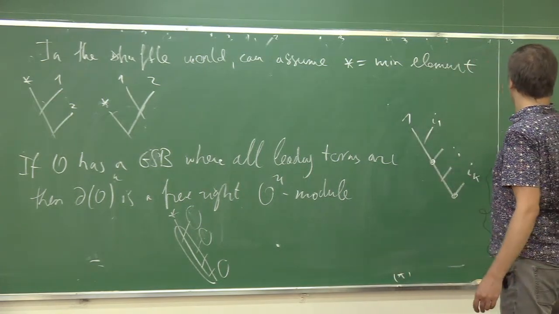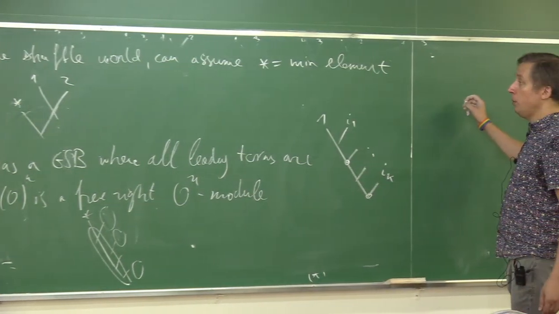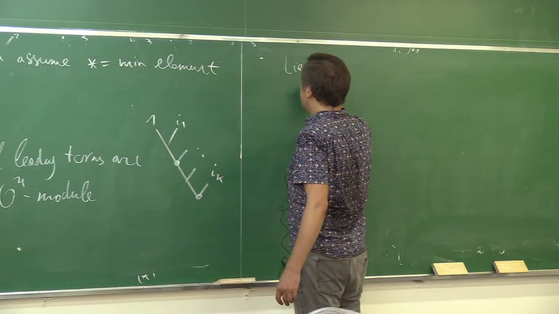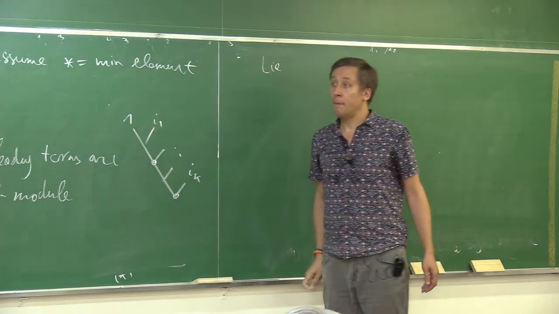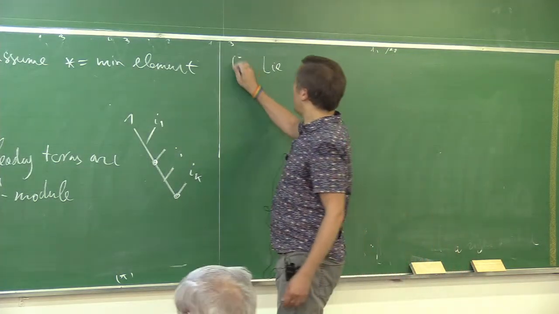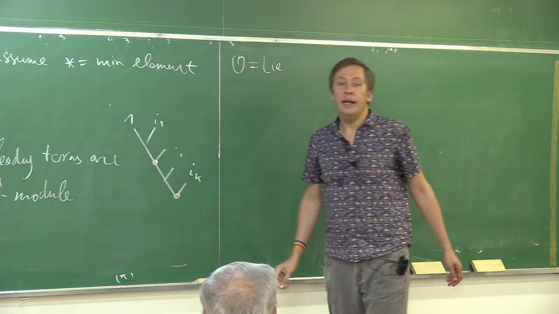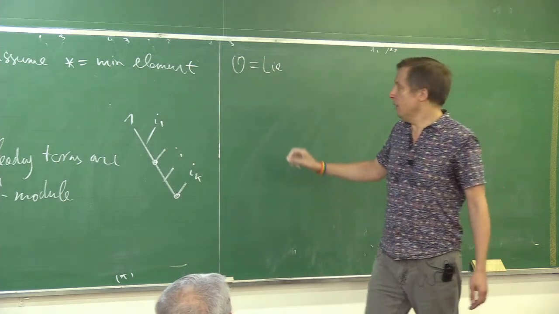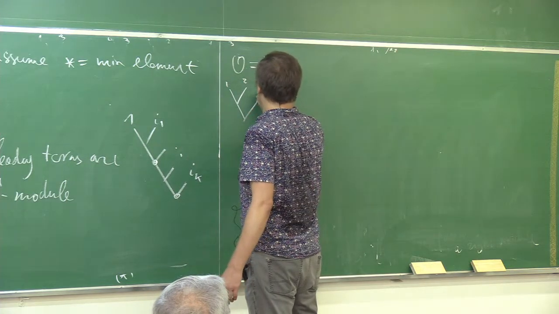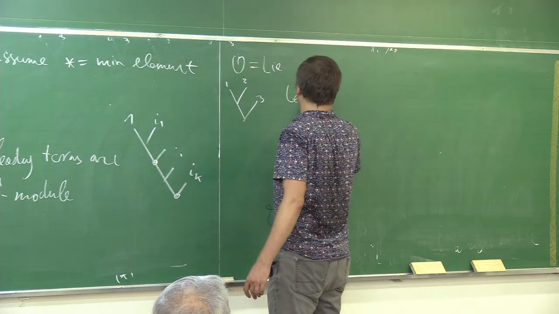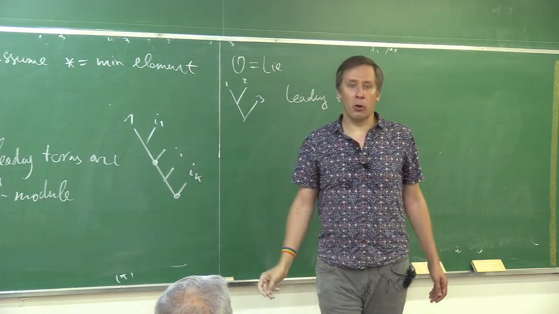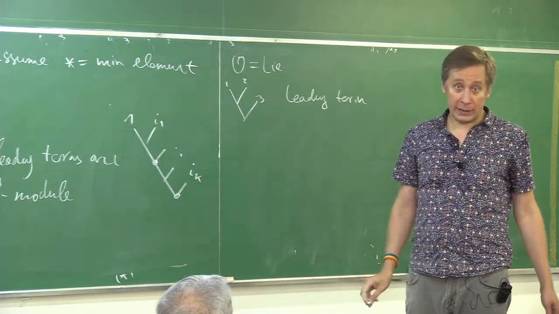So maybe to be more concrete, let me consider very simply the operad O, just the Lie operad. Then, if we choose this as the leading term of the Jacobi identity, then the Jacobi identity forms a Grobner basis.